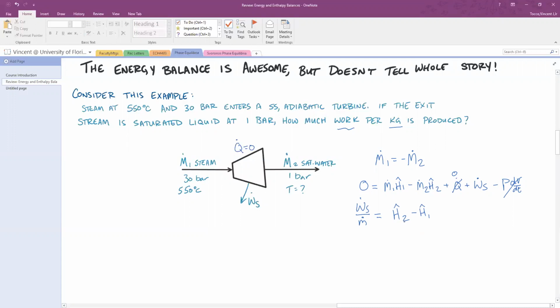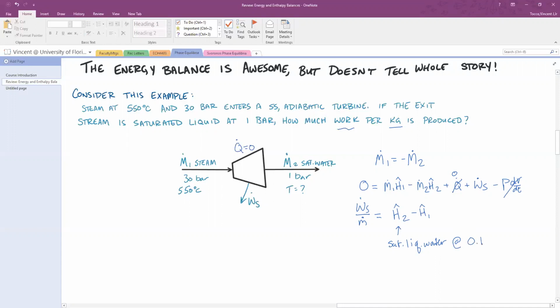So in the steam table, again, appendix A3 in Sandler, for H2, I would look up saturated liquid water at 1 bar. And in the Sandler textbook, it's not written in terms of bar, it's in terms of megapascals. So you have to do that conversion. A quick way to do that is just to divide by 10.